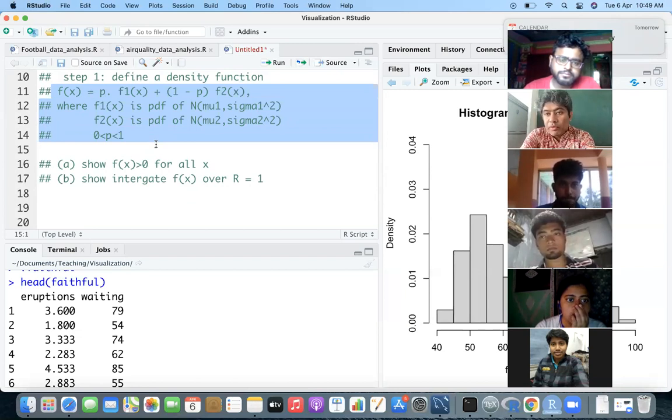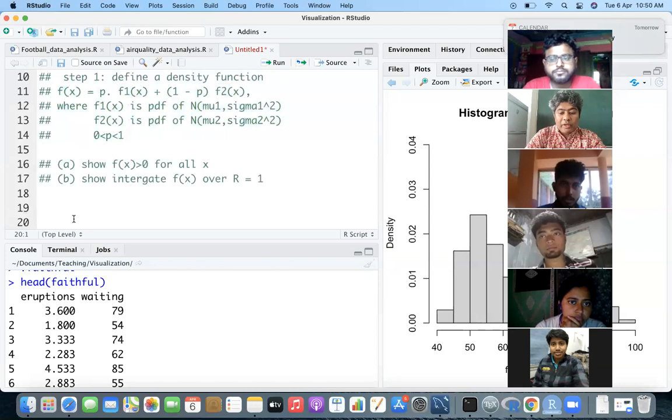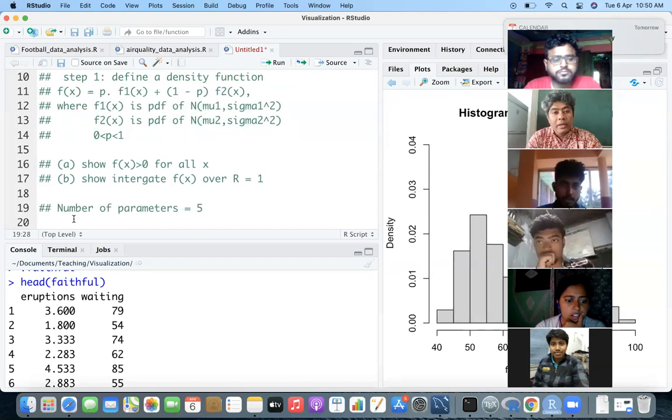5. 5 parameters. Mu1, mu2, sigma1 square, sigma2 square, and what is the 5th parameter? P. P is the 5th parameter. Very good. So my number of parameters is equal to 5. Okay. So let me call this theta.